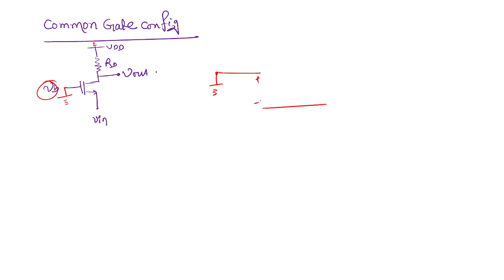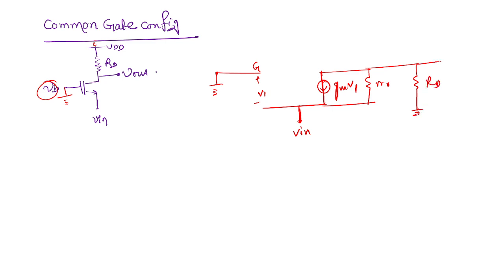This is V1 and this is GM V1, and here Vin is connected. This is R0 and here RD is present, and this is the V out. So we can write V1 plus Vin is equal to 0. So V1 is equal to minus Vin.